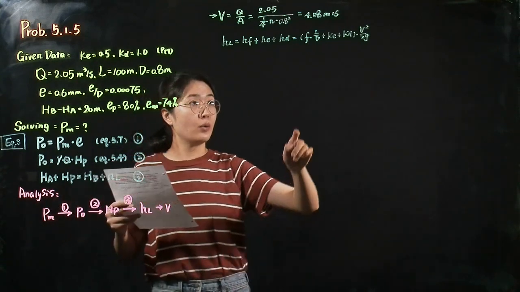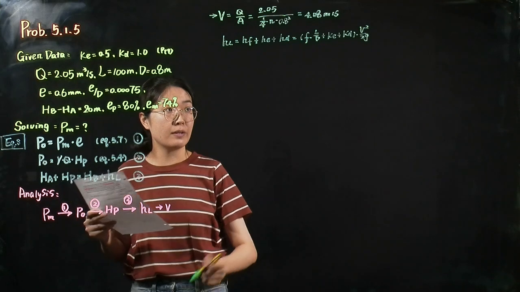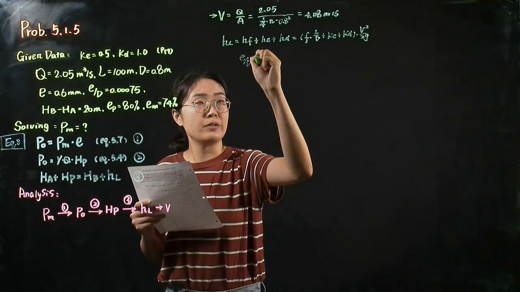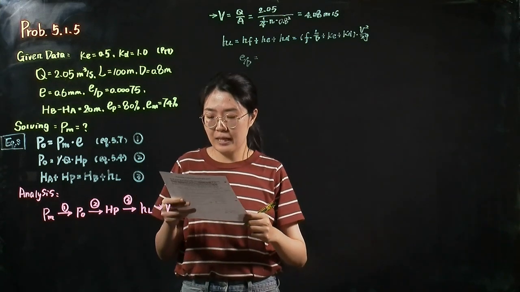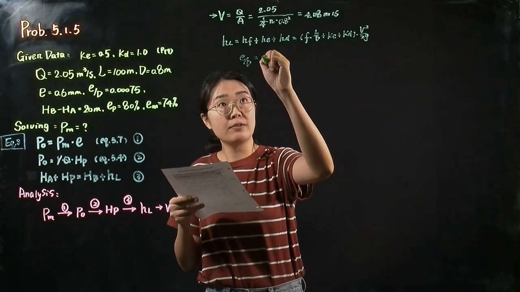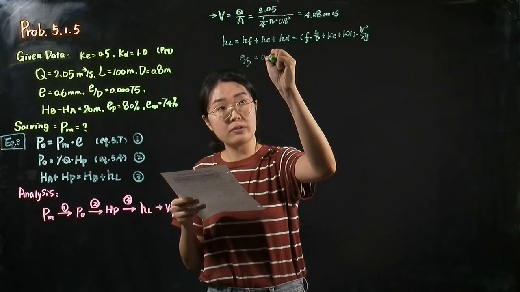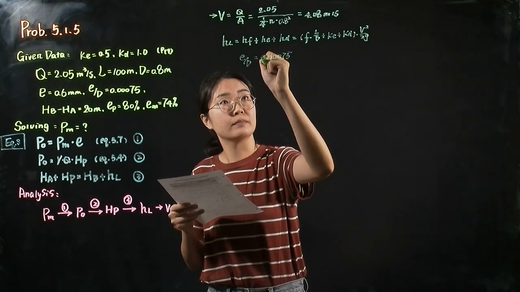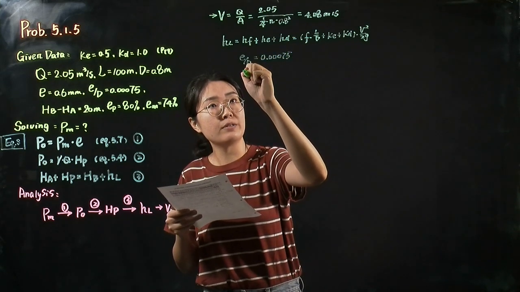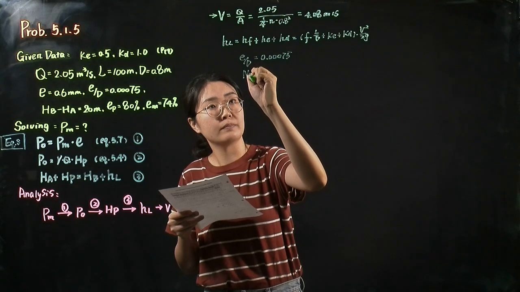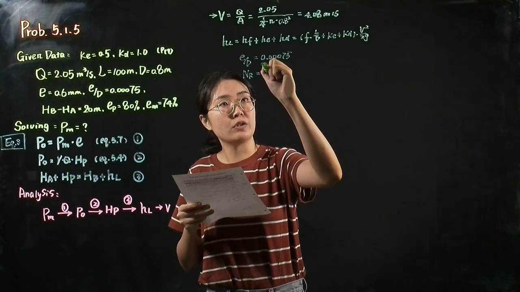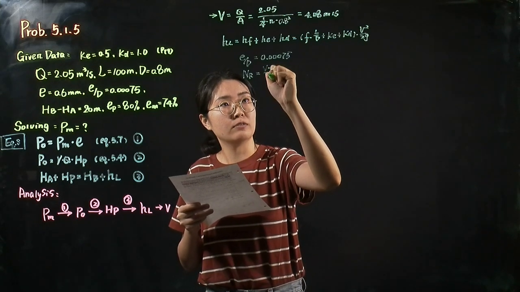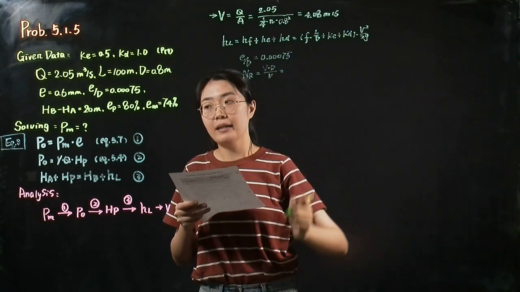Because we do not know the friction factor here, the next step is to calculate the friction factor based on the relative roughness and the Reynolds number. The relative roughness equals 0.00075, and the Reynolds number equals the velocity times diameter over kinematic viscosity.